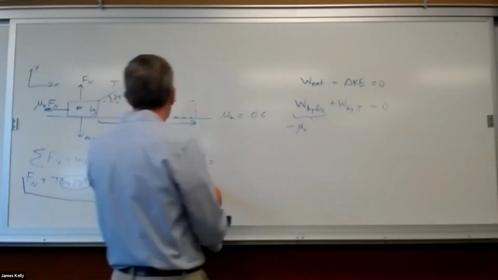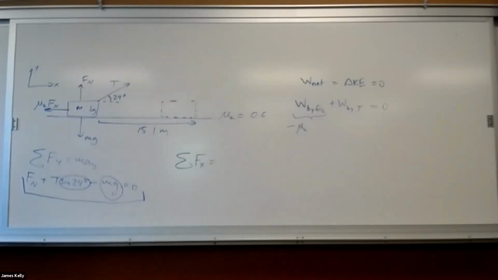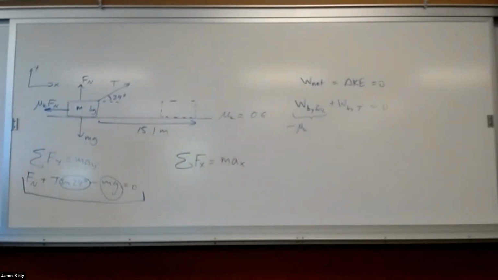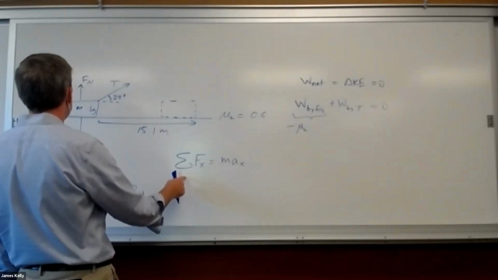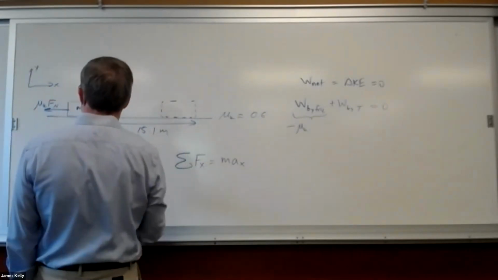All right, and by the way, this is problem 4 in chapter 6, part 1. Sum of the force x components equals max. That's also 0 because it's moving at constant velocity, right? So the right-hand side is 0. Sum of the force x components, there's only 2 non-zero x components here.